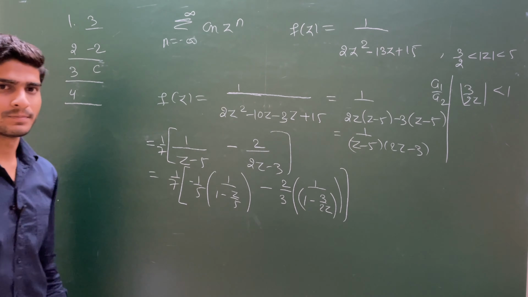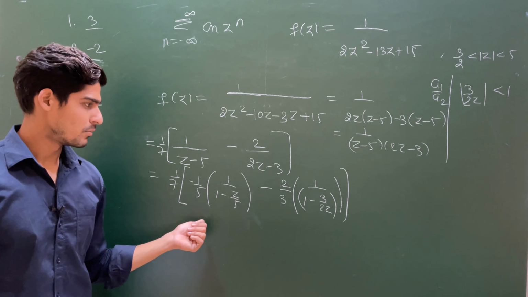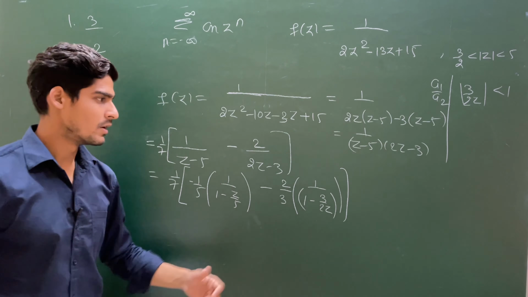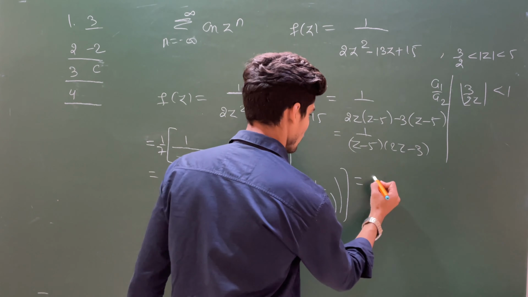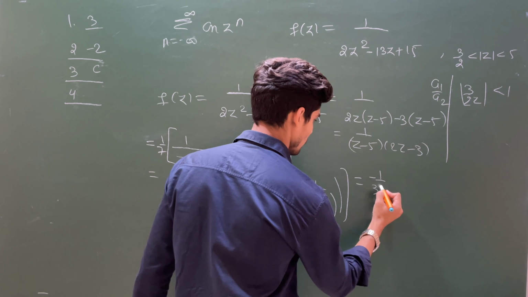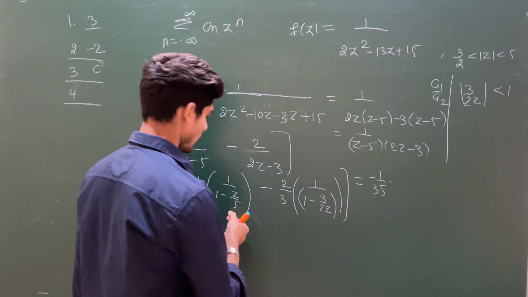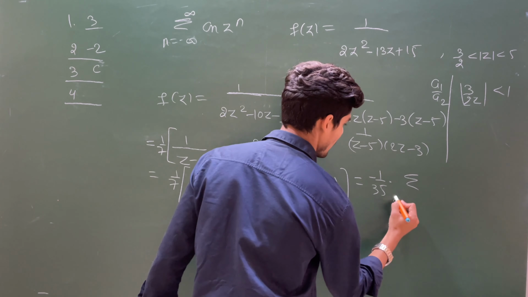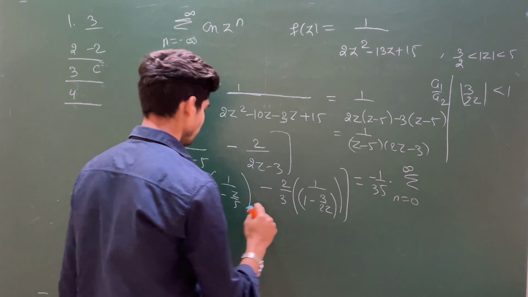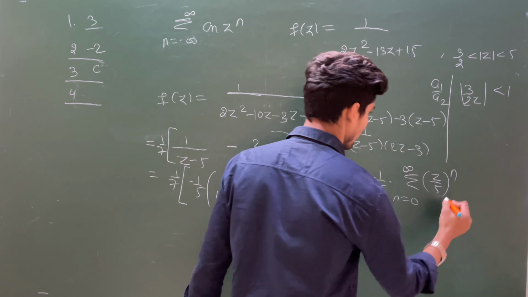Now I can write the power series expansion of these, because this is now going to be a geometric series. So you observe this is minus 1 upon 35 into summation, n running from 0 to infinity, z by 5 power n.